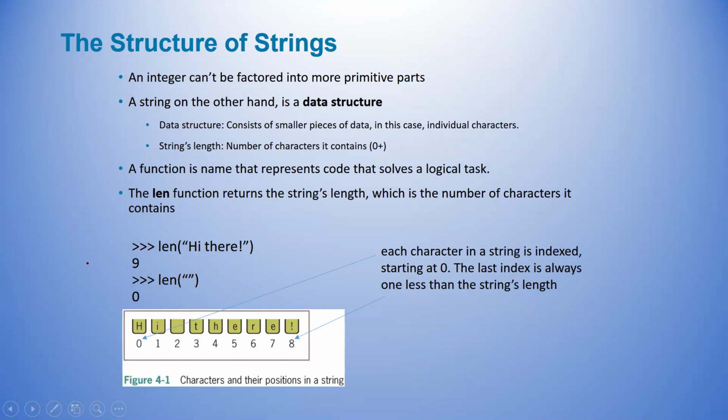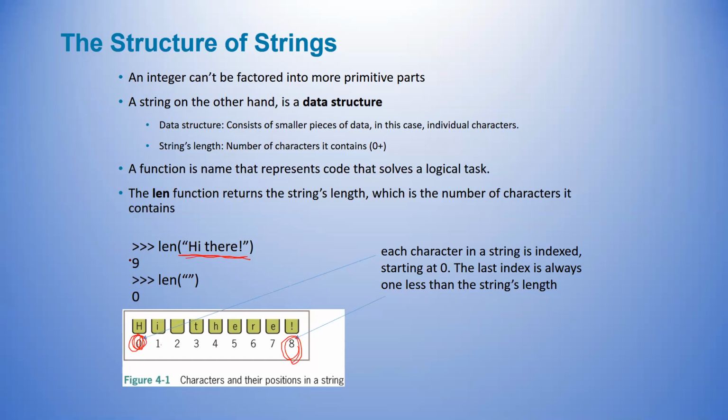Okay. So here, another thing we need to understand is because this is a string, each character in the string has a position, and this always starts at position 0. So 0, 1, 2, 3, 4, 5, 6. And notice that the last character is at position 8.